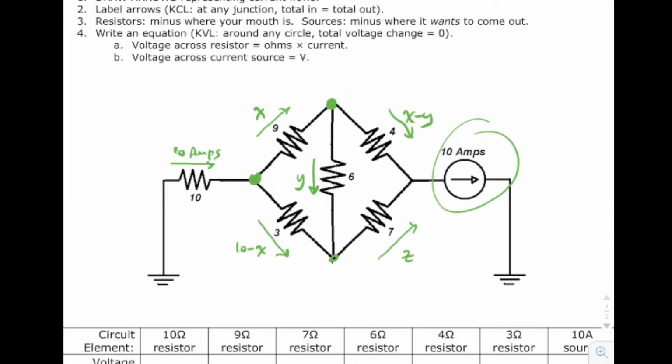So what I'll do is I'll come back to this junction. Notice that these two flows come together and then they go out this way. So these two currents both come in. They have to add up and leave, right? What goes in must come out.